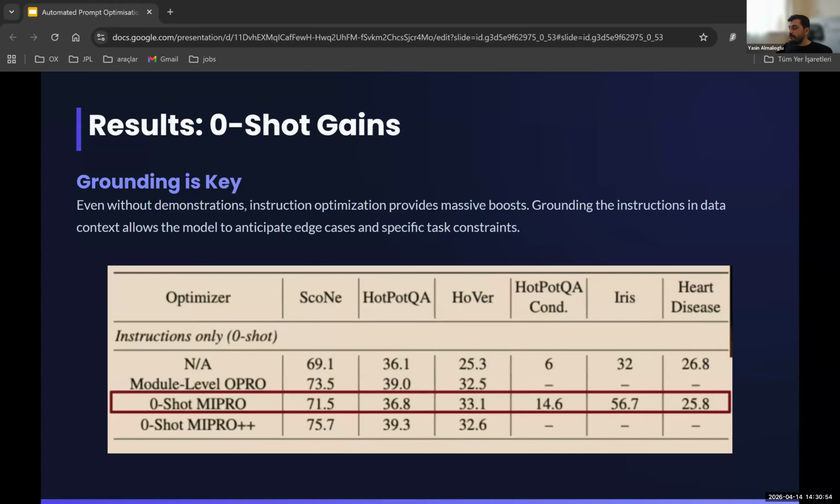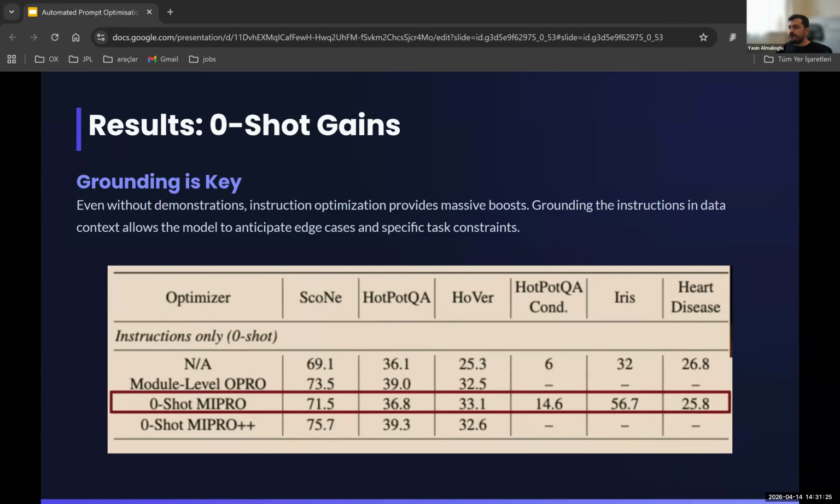So there is a surprising finding here for myself, which was even without examples, the grounded instructions often beat human engineered few shot prompts. The reason is the optimizer identifies the edge case instructions that humans usually overlook.